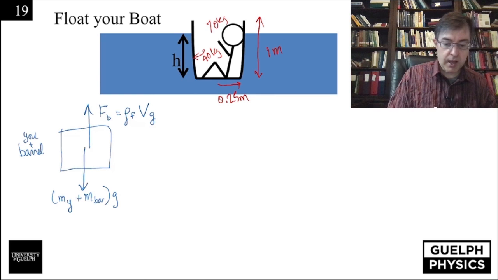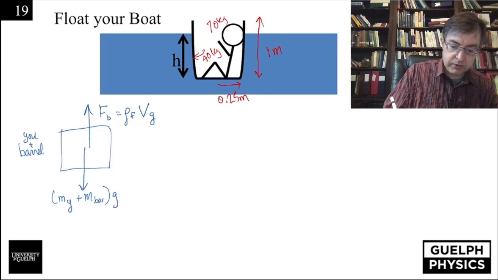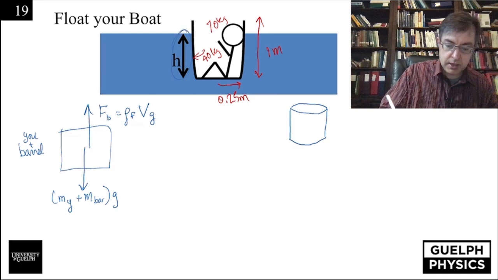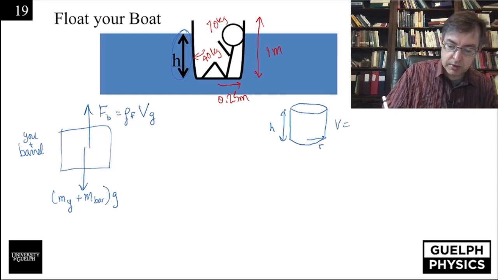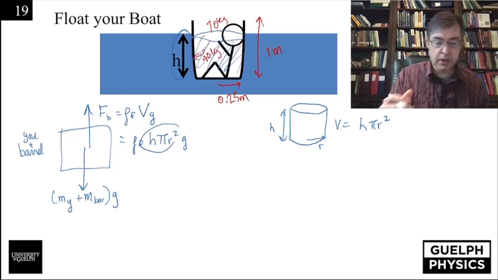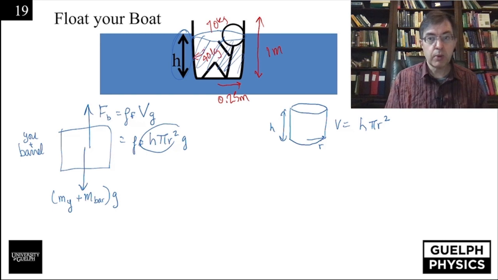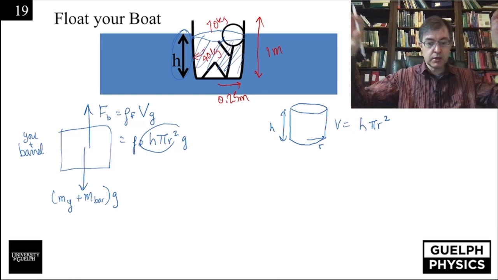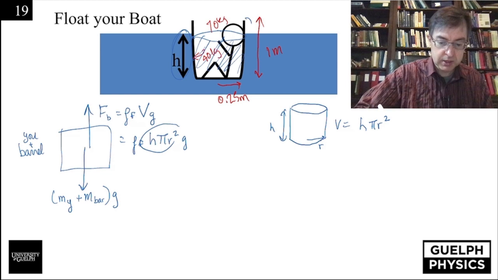And in this case, if you have a circular barrel with a height h below water, the displaced fluid is this little cylinder of height h and radius r, and so the volume is h times pi r squared. Okay, so I can write this as rho f h pi r squared g. So this is the volume of this cylinder here. That's how much water has been displaced by the barrel, not including the top, which is not displacing any water, right?